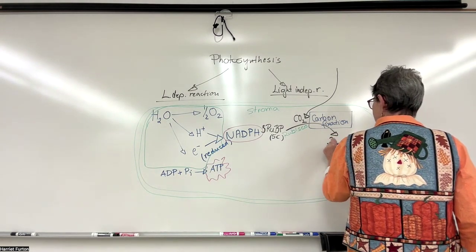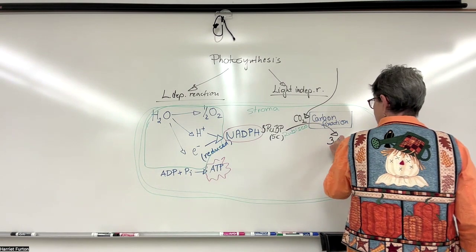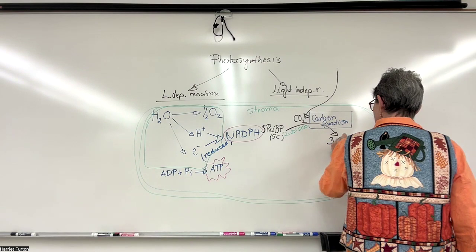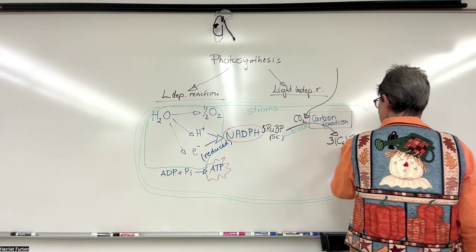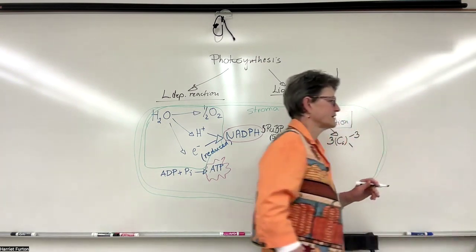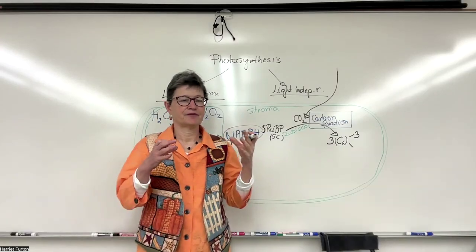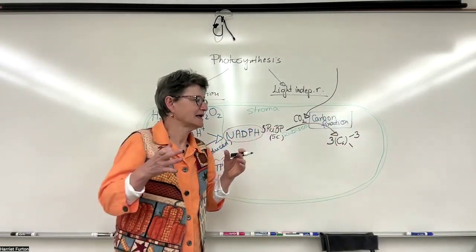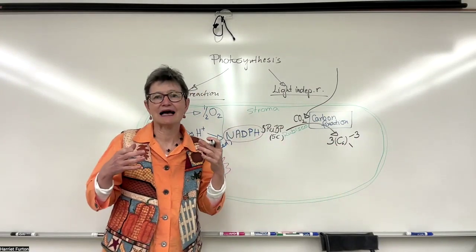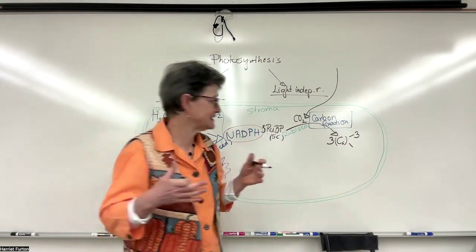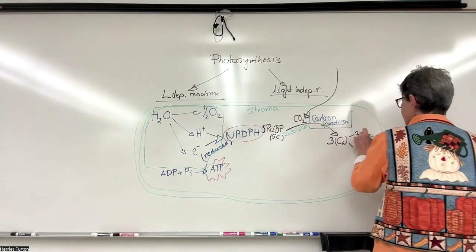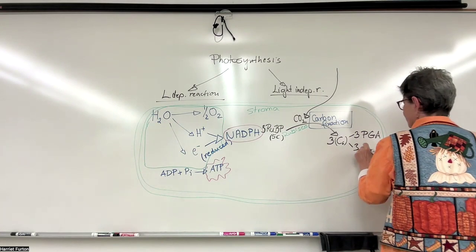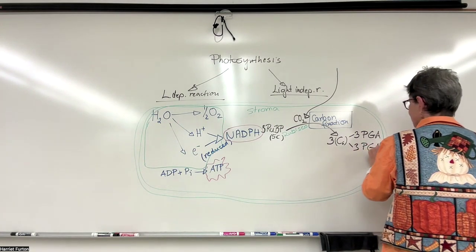We will have 3 6-carbon molecules, and those long 6-carbon molecules will split into 3-phosphoglyceric acid.